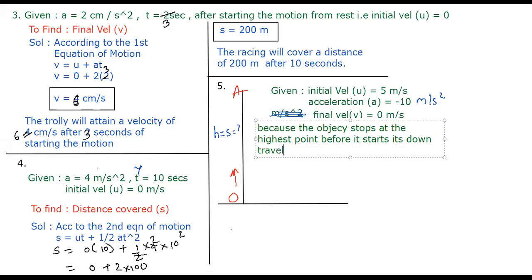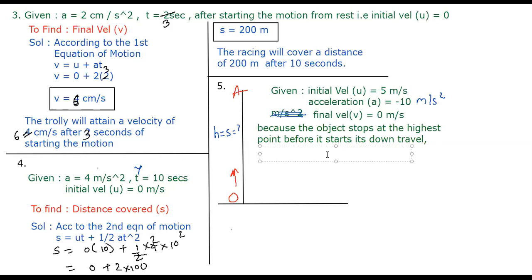Yes or no? Because the object stops at the highest point before it starts its down travel, its final velocity is going to be 0. Now, what do we have to find out?